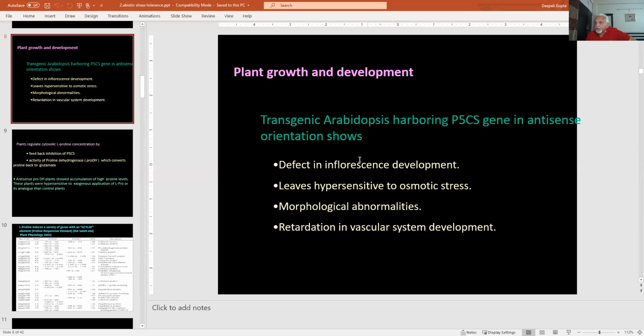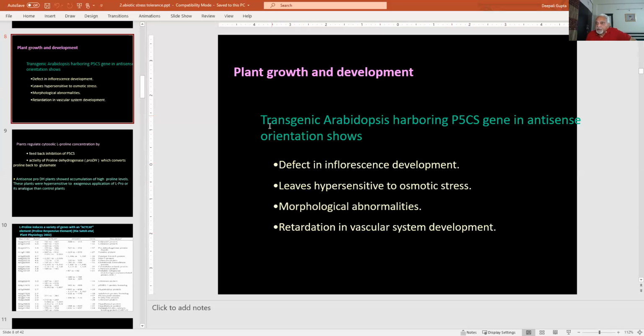When this gene was suppressed in Arabidopsis using antisense technology, in these transgenic plants it was observed that the suppression leads to defects in inflorescence development, leaves that are hypersensitive to osmotic stresses, morphological abnormalities, and retardation in vascular system development.